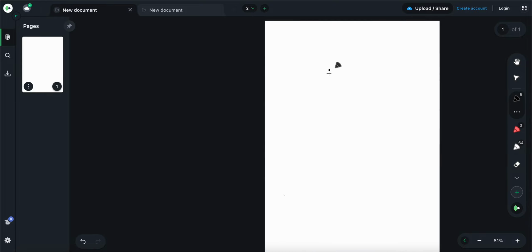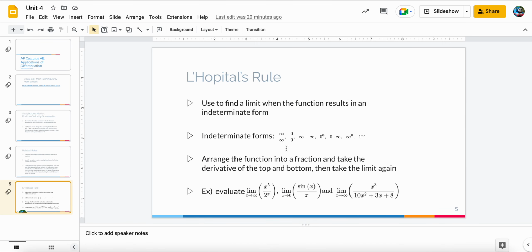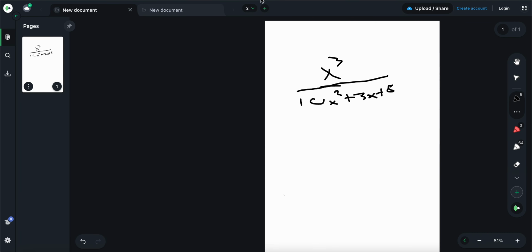So we have x cubed over 10x squared plus 3x plus 8 is our big function here. If we were to substitute infinity in for all the x's, we will get infinity over 10 times infinity is infinity plus 3 times infinity is infinity plus 8. So we get infinity on the top and infinity on the bottom, and that still falls under the infinity over infinity. So we need to take the derivative.